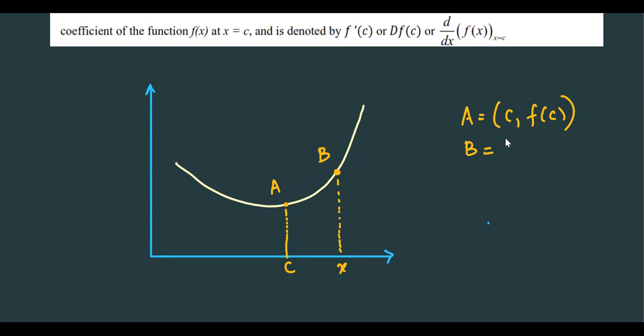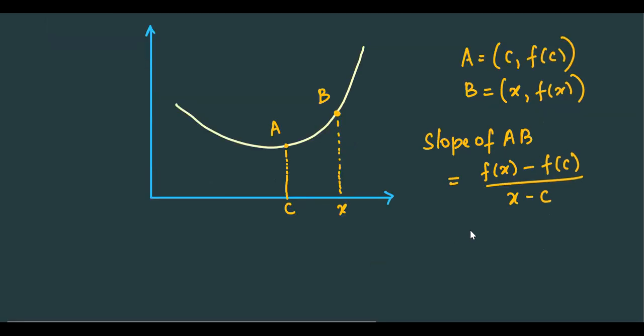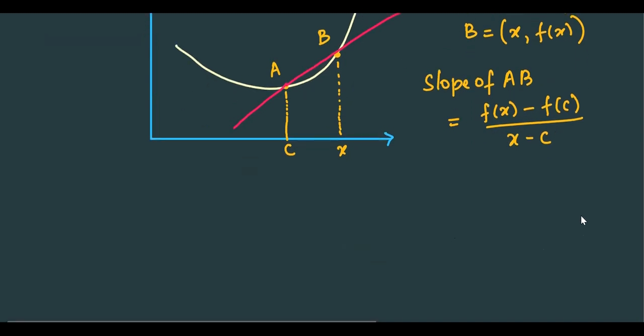So B will be x comma f of x. So what is the slope of AB? Slope of AB is f of x minus f of C by x minus C. So this is the chord AB, and we can extend this chord so it becomes a secant.